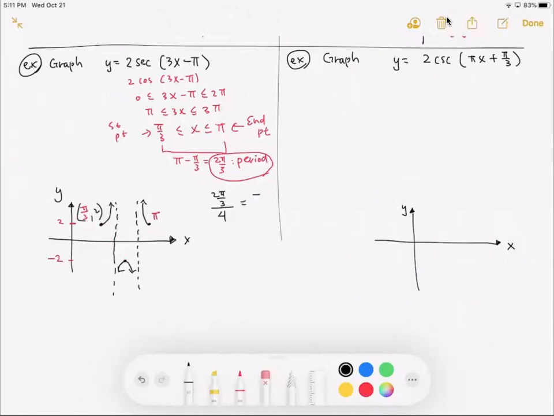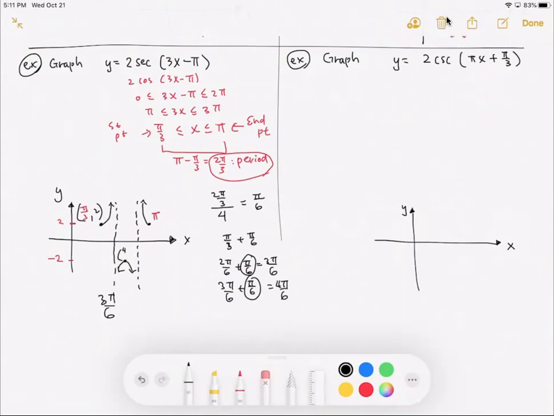So I'm going to do the same thing to locate where my asymptotes and the key points are. So I'm going to add pi over 6 to pi over 3, making a least common denominator. We have an asymptote at 3 pi over 6. And then to 3 pi over 6, I'm going to add pi over 6 again. Then we get 4 pi over 6.